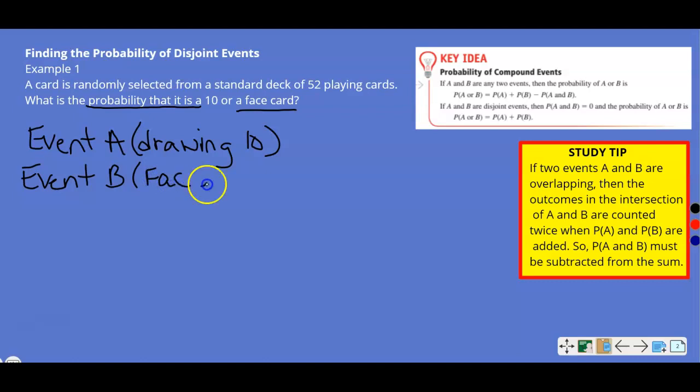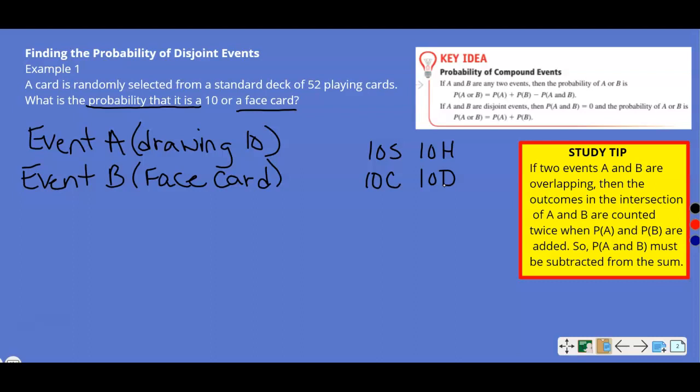Selecting a face card. All right, so once again, we're going to have a 10 of spades, a 10 of hearts, a 10 of clubs, and a 10 of diamonds. All right, so we know there's going to be 4 out of the 52 playing cards are going to be the chances of, or the probability of drawing a 10.